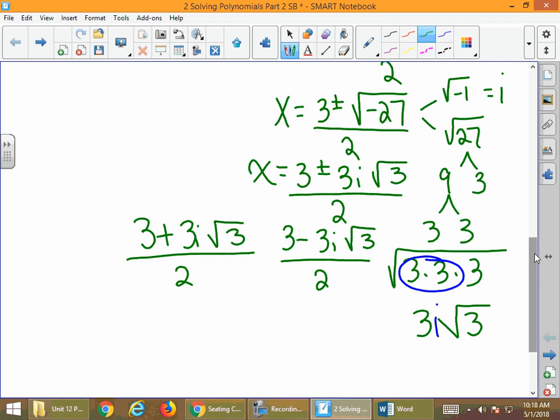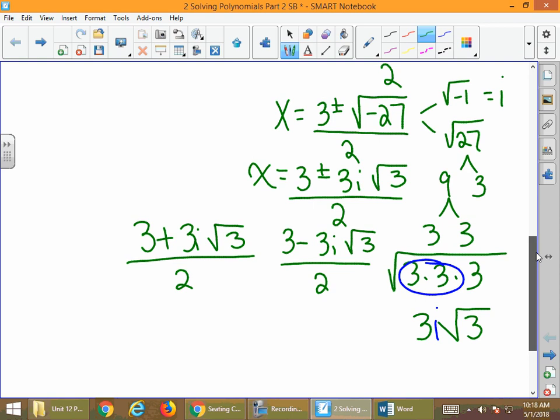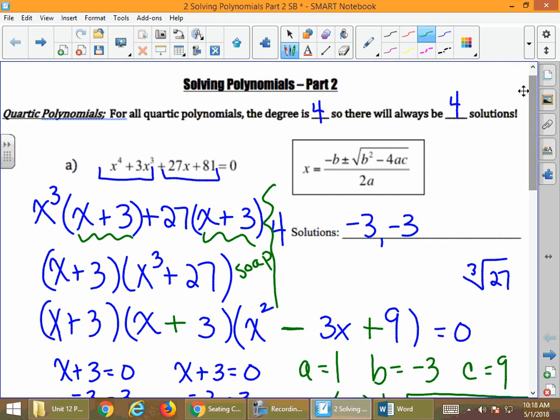It doesn't make any difference. But one mechanism for checking whether you have something correct or not is, did you get 4 solutions? And when we come back here and fill this in, the 3 plus the 3i radical 3 over 2, and the 3 minus the 3i radical 3 over 2 would be the third and the fourth solutions.